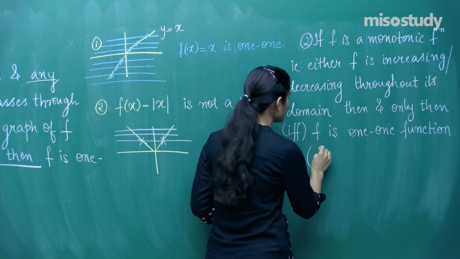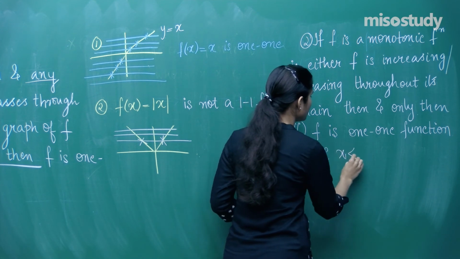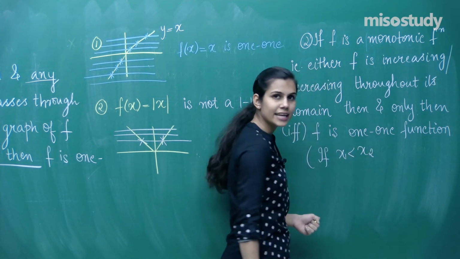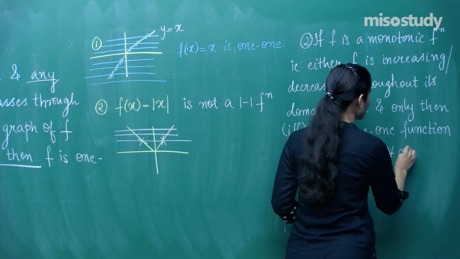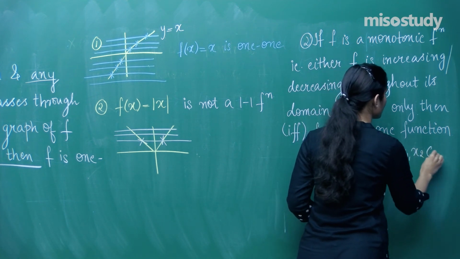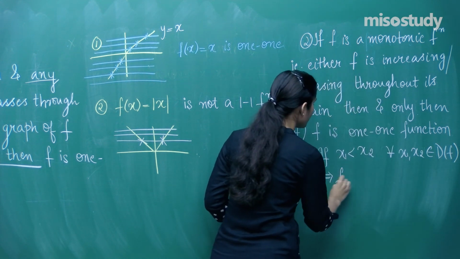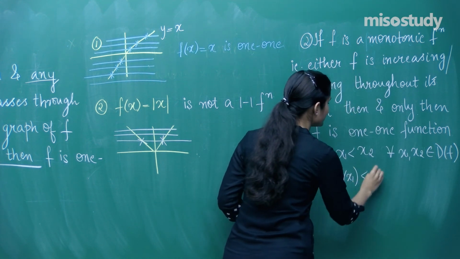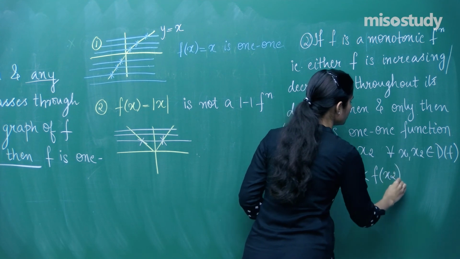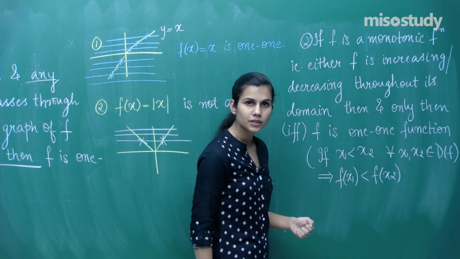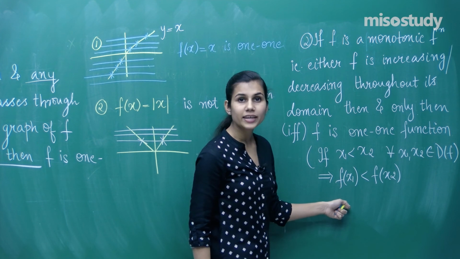That is, whenever x1 is less than x2, belonging to the domain of f, it should imply that f(x1) is less than f(x2). This is the meaning of increasing.